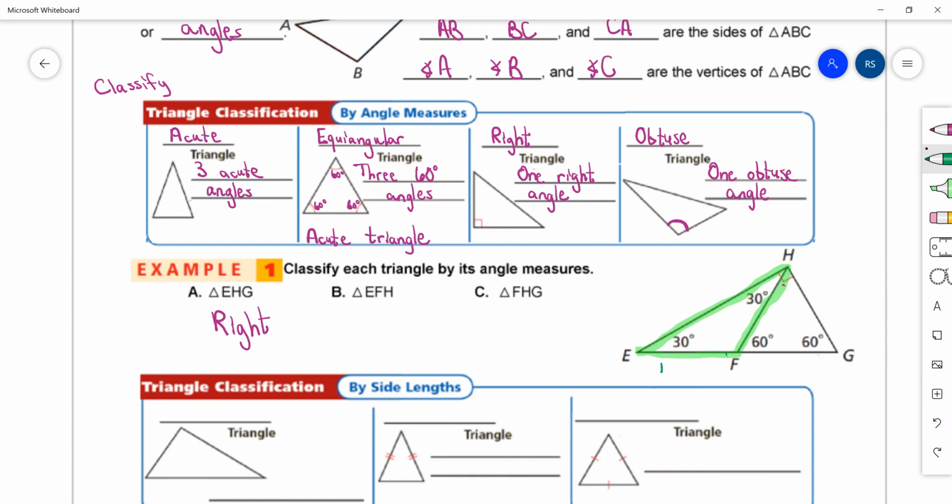I'm going to have to right here do 180 minus 60 right quick to get 120 degrees, because that's what that angle is. So what kind of triangle is that one? It's obtuse. We have an obtuse angle.